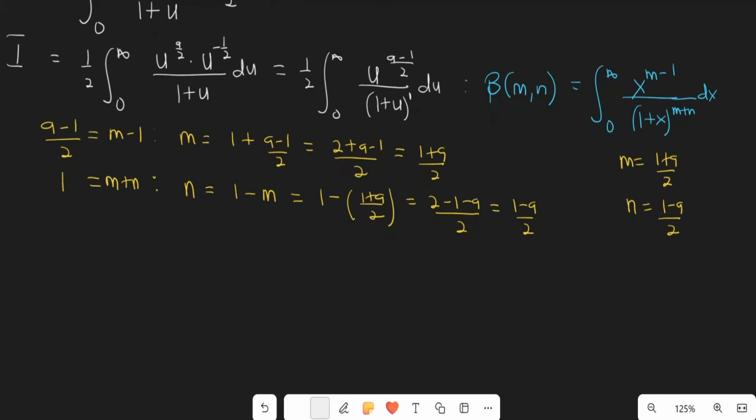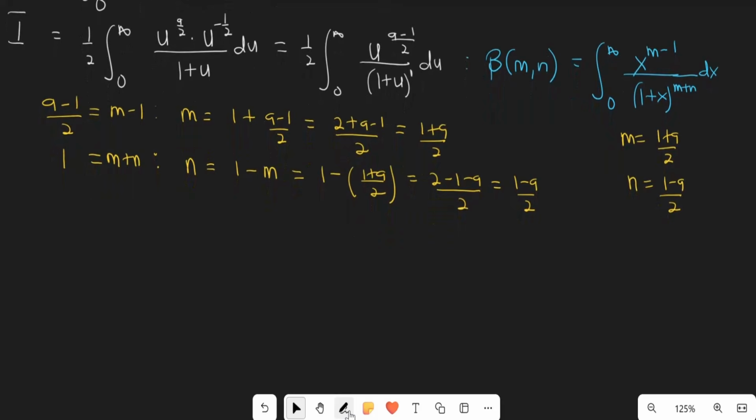Now that we have found m and n, we can write the integral to look like the beta function. So our integral I is 1/2 in front, the integral from 0 to infinity of u raised to the power, I want to write this one to look like this, so that is going to be m minus 1.